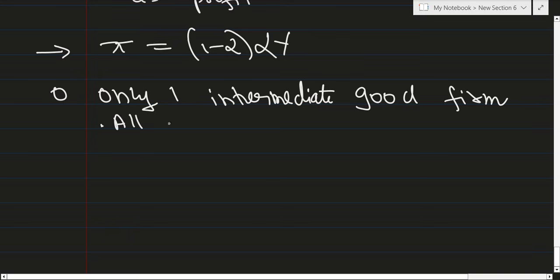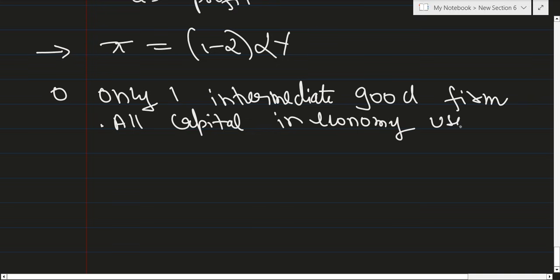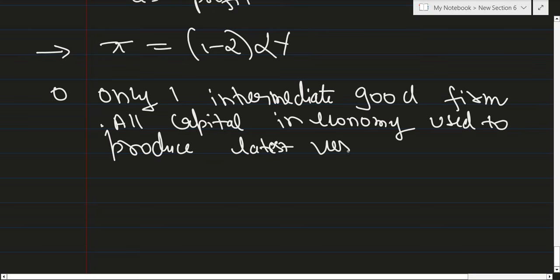So all capital, aggregate capital basically in the economy, is used to produce the latest version of capital good, the latest version of xi. So we can say that X1 equals K.